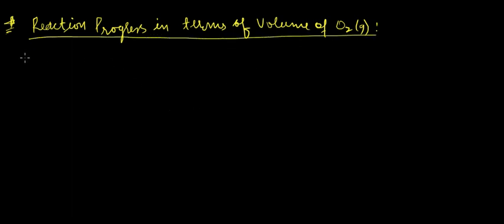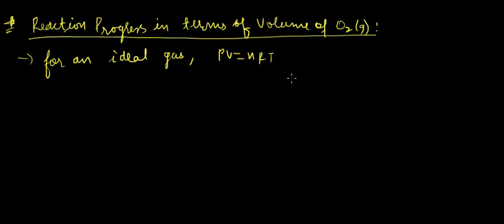So for an ideal gas, we already know that PV equals nRT.